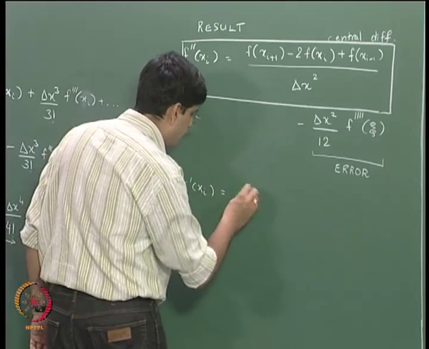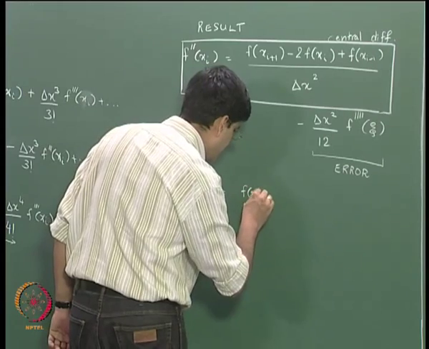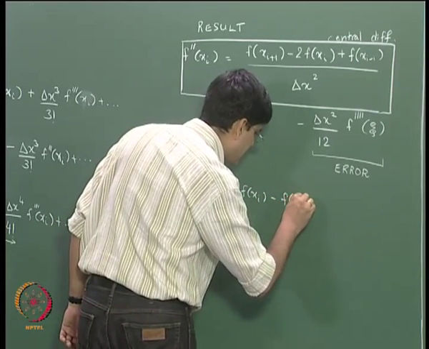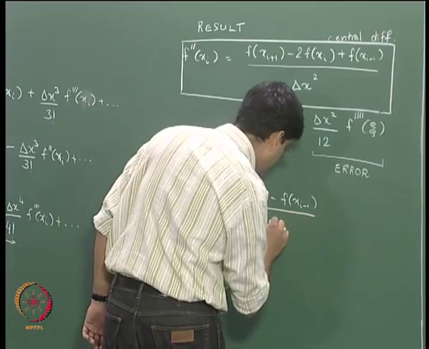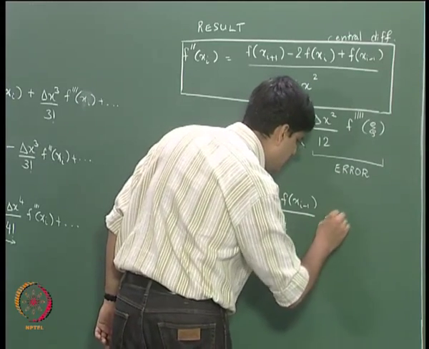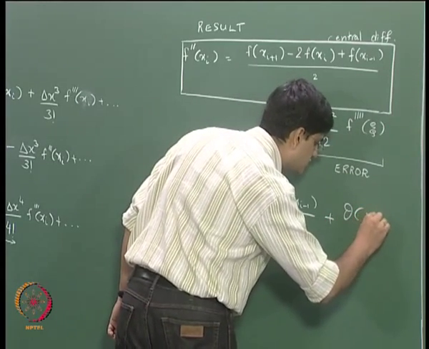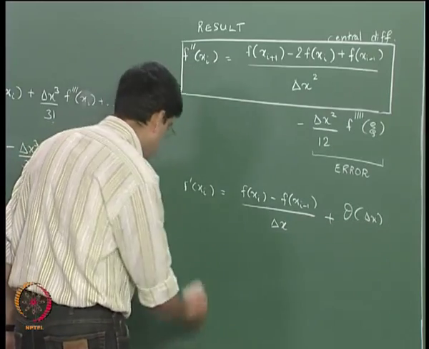To summarize the other f dash values that we had gotten, f dash of xi was equal to f of xi minus f of xi minus 1 divided by delta x, plus an error of the order of delta x.